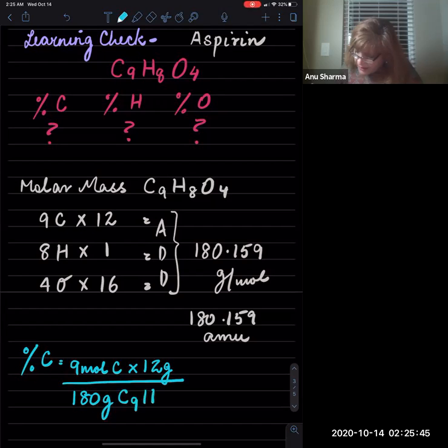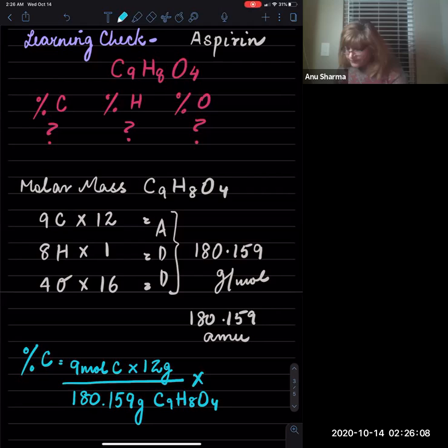C9H8O4. So actually it's 180.159 grams of C9H8O4, times 100.